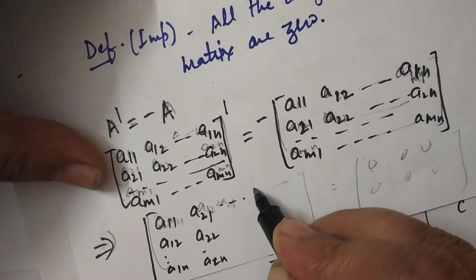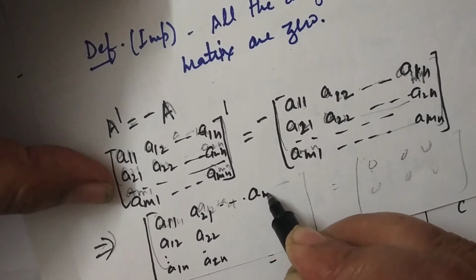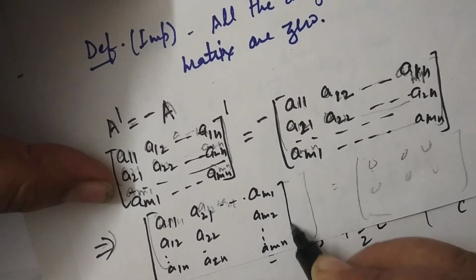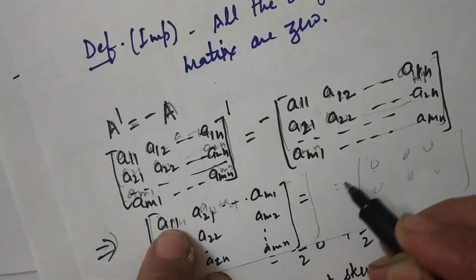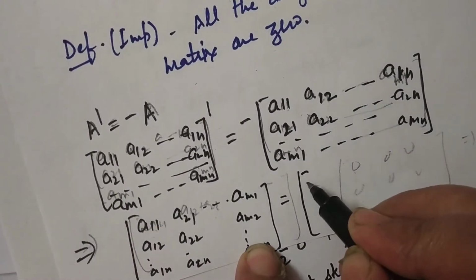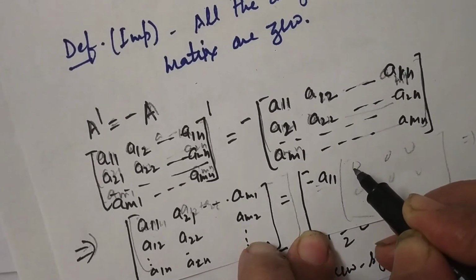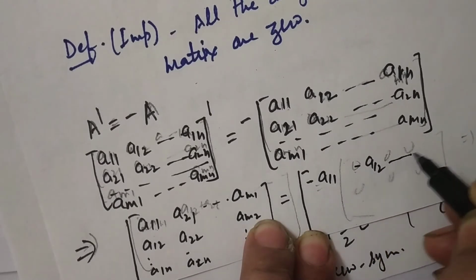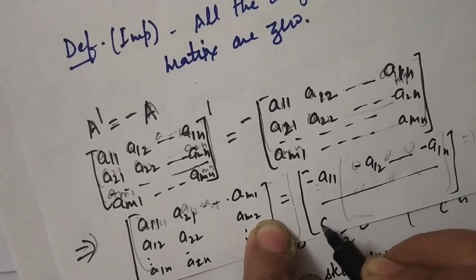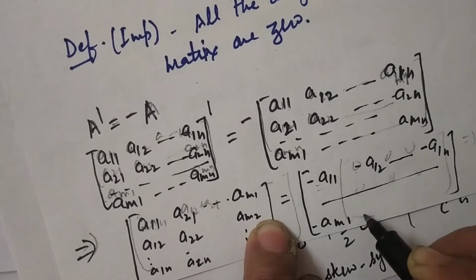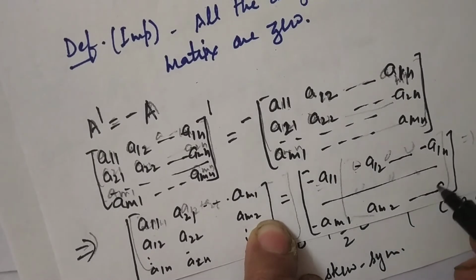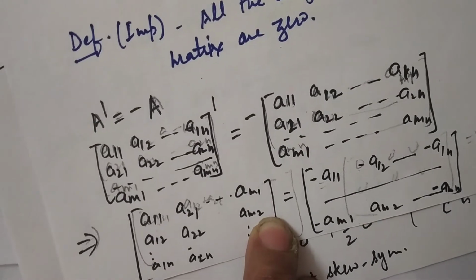The last one will become am1, am2 up to amn, which will be equal to, now if I say minus of a11, minus of a12 up to minus of a1n, so on it goes on, and the last, since I am multiplying, minus am1, minus am2 up to so on minus amn, of course minus sign.